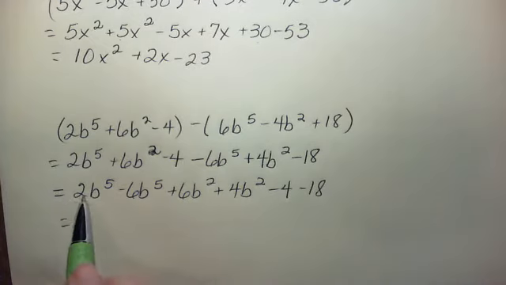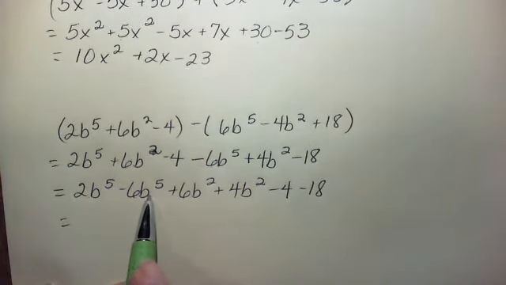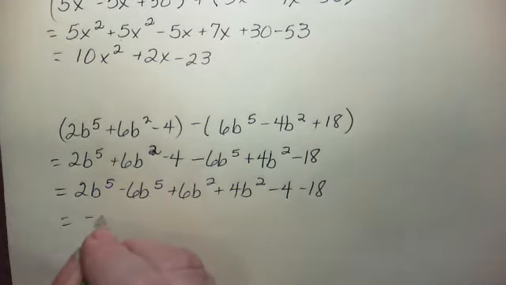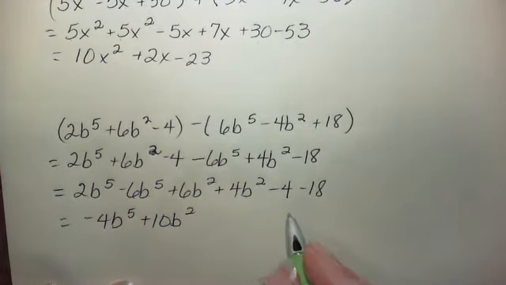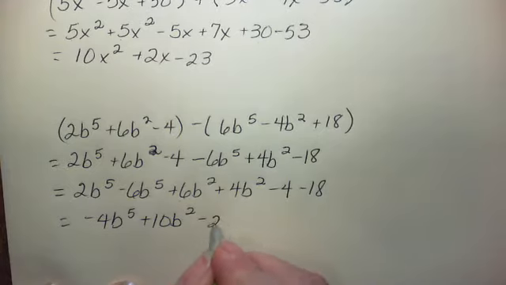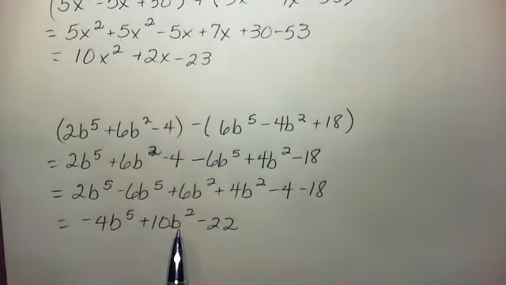Then we combine the coefficients: for the b to the 5th term, 2 minus 6 for minus 4b to the 5th, plus 6 plus 4 for the like terms b squared is plus 10b squared, minus 4 minus 18 for minus 22. Right, and no more like terms, so the subtraction is complete.